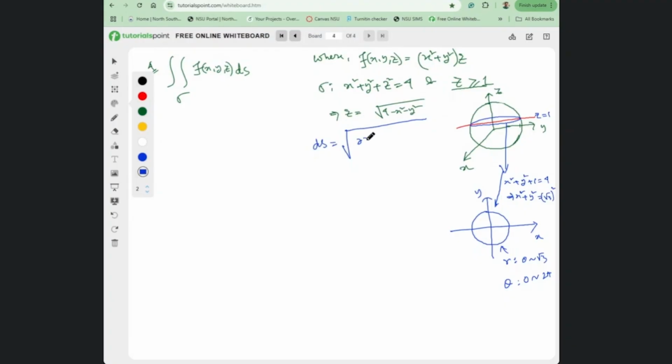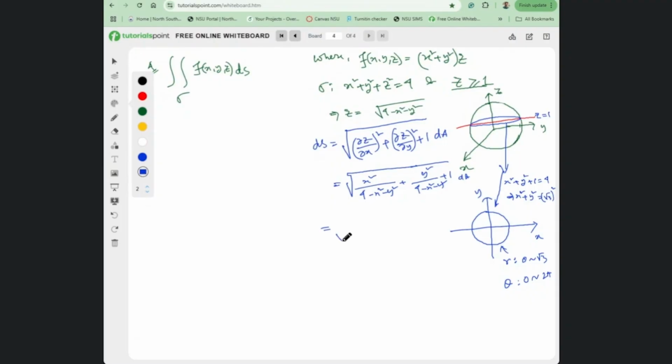So here del z by del x square, del z by del y square plus 1 dA. x square by 4 minus x square minus y square plus y square by 4 minus x square minus y square plus 1 into dA.